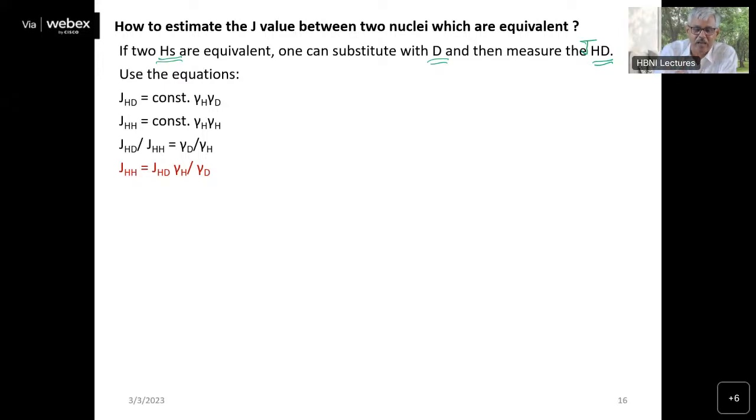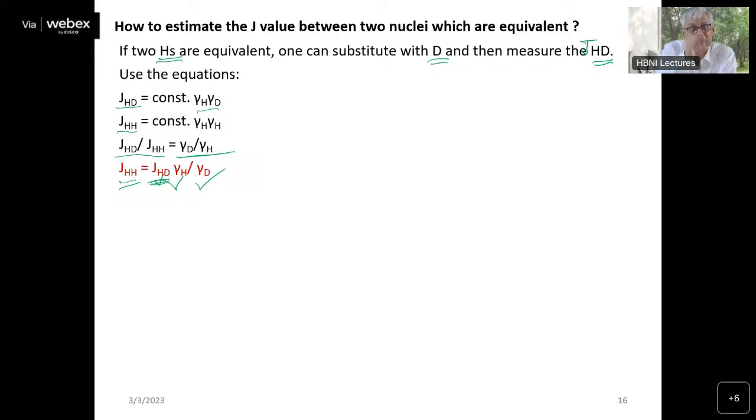Hydrogen and deuterium have all other things the same, except these two values. So JHD is equal to a constant times this, and JH is equal to the same constant times this. So now take the ratio of the gyromagnetic ratio of deuterium to hydrogen. The gyromagnetic ratios of hydrogen and deuterium are known, so if you find out the JHD by NMR, you can actually calculate JH.